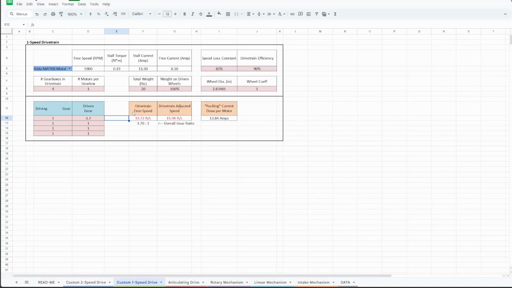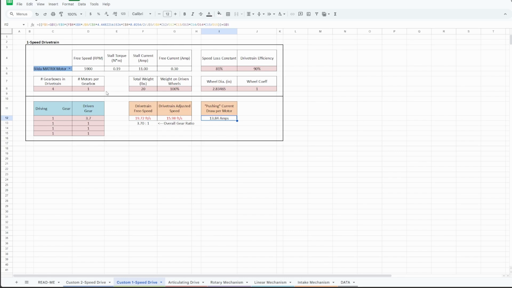You can see that with the 3.7 to 1, we're moving really fast, about 20 feet per second, which is quick. But our current draw per motor is over our stall current. So that would mean we will be stalling our motors. Even at that 90% efficiency, our motors will be stalling. So there is very much a trade-off with speed and torque.